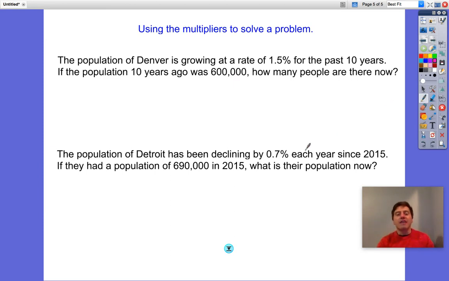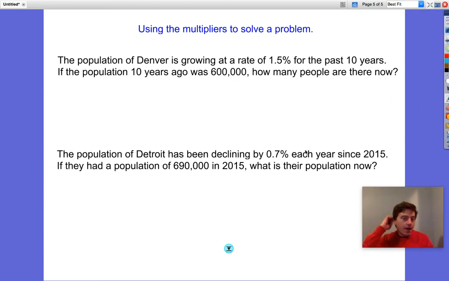So let's look at a couple examples of how this would work when we're using it with exponentials. The population of Denver is growing at a rate of 1.5% for the past 10 years. If the population 10 years ago was 600,000, how many people are there now? The exponentials we're working with are always in this form: y equals a times b to the x, where it has a y-intercept or asymptote at y equals 0, right?